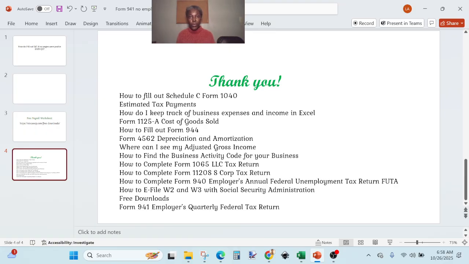So if it's not accurate, the IRS will come to you about the information, because again, you are responsible for the tax return filed on your behalf. So it is your responsibility to make sure it is filed properly as well.